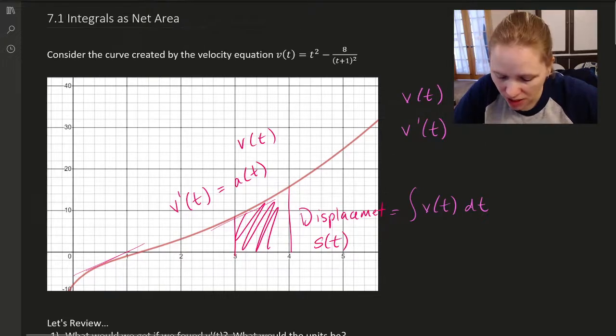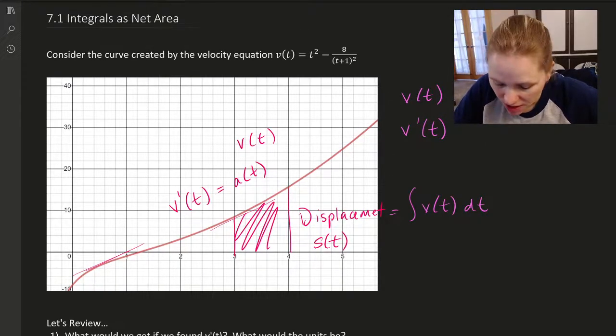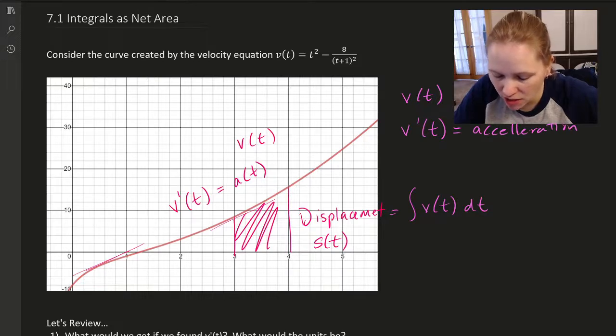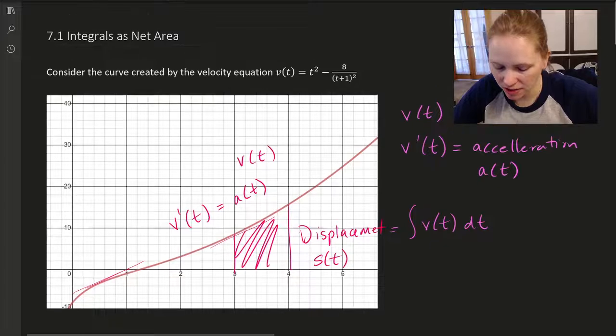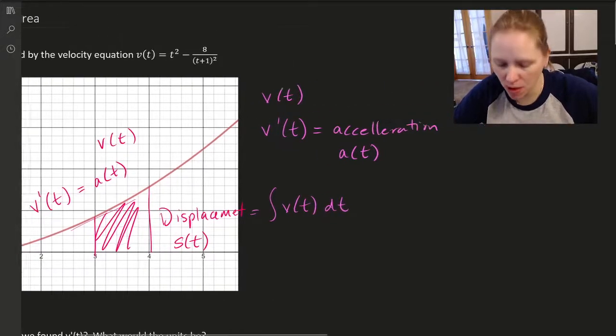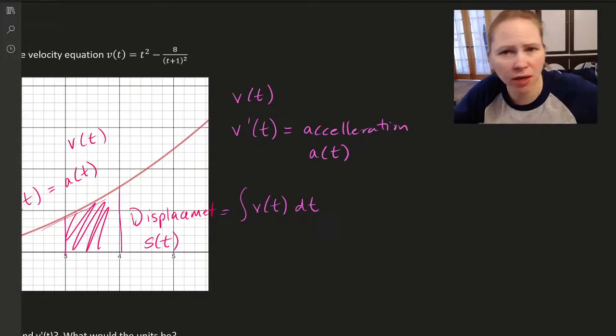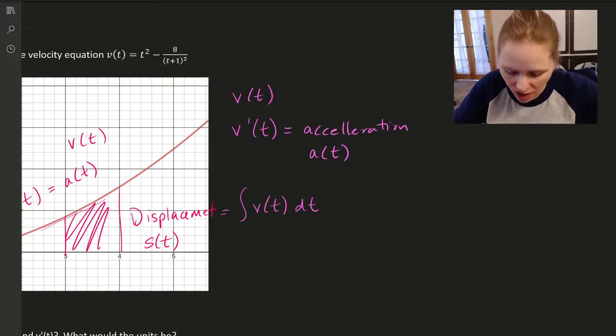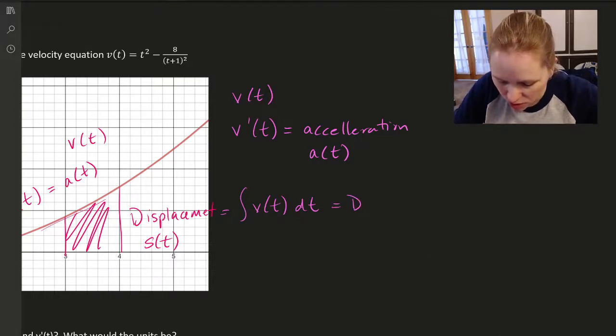If this is velocity, then the derivative v prime would be my acceleration. I try to relate any and all other equations that could come up in a problem to the thing I have. And I'll also write down that when I integrate it, it's going to be my displacement.